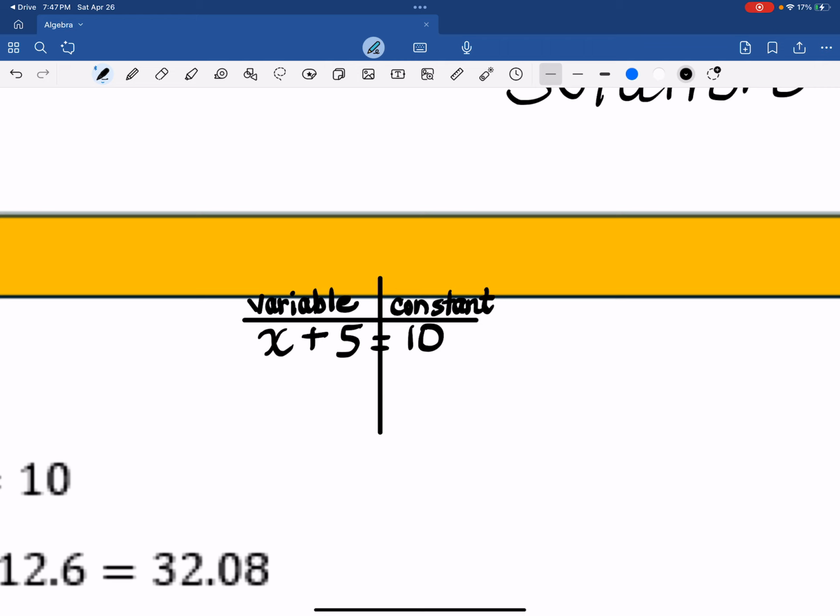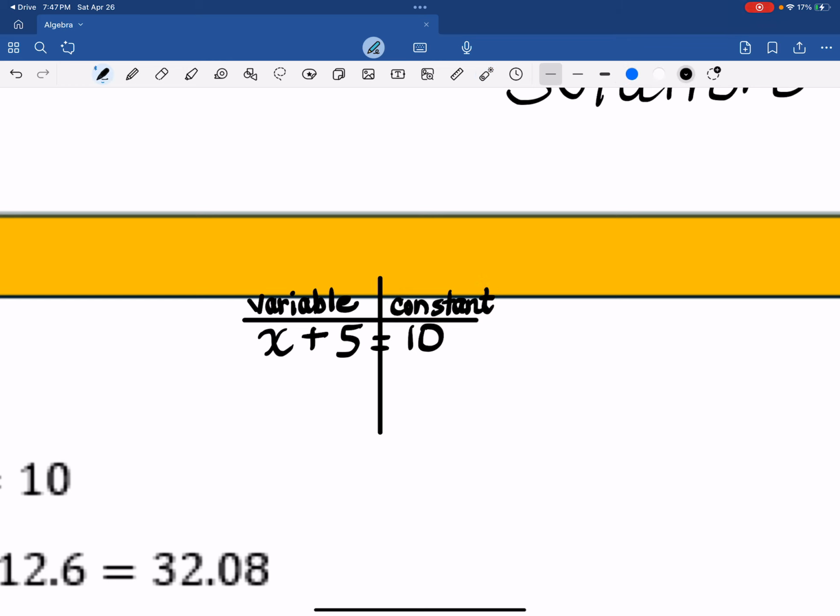So look at the variable side, which is right here, and tell me which of those terms is on the wrong team. Is it the x or the positive 5? It's the positive 5. Because positive 5 is a constant, and therefore it needs to be on the constant team.